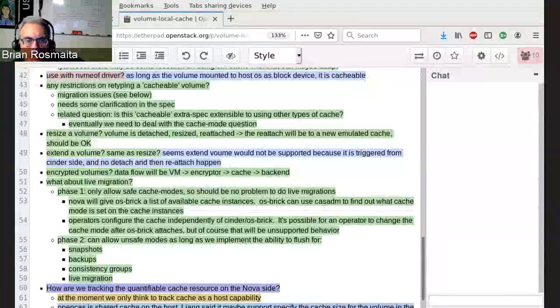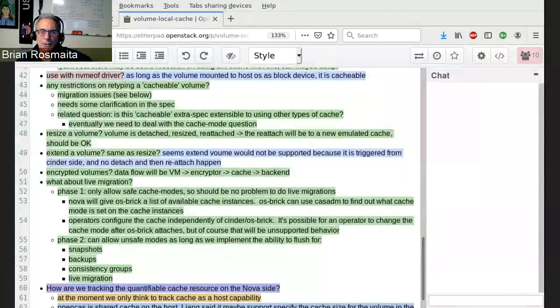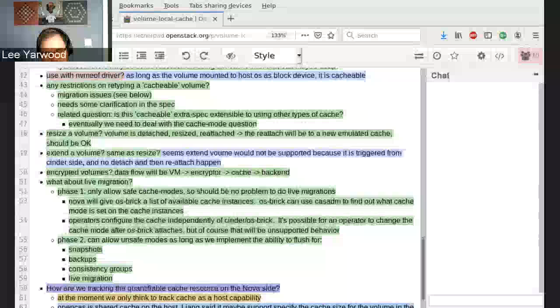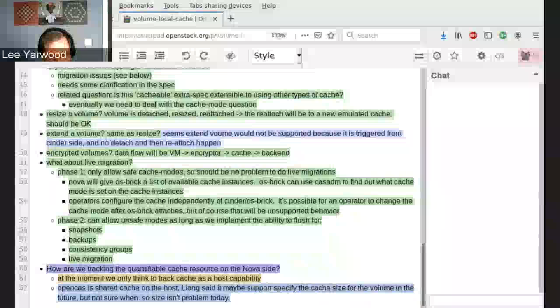Okay, and then as far as extending a volume, might have to not be supported. I think attached extension or resize should probably work.